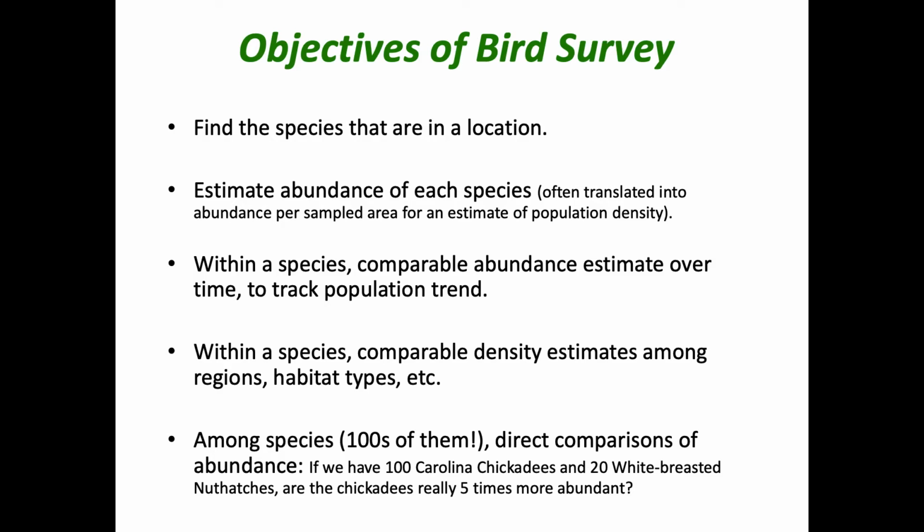And we want to be able to say, especially for things that are really broad-based, if our data say that there are 100 Carolina chickadees and 20 white-breasted nuthatches, are we confident that the chickadees are really 5 times more abundant than the nuthatches? So it's not just looking at any one species and tracking its population, it's also figuring out which ones are more abundant than others, and that's what we saw in that Partners in Flight database a little while ago.